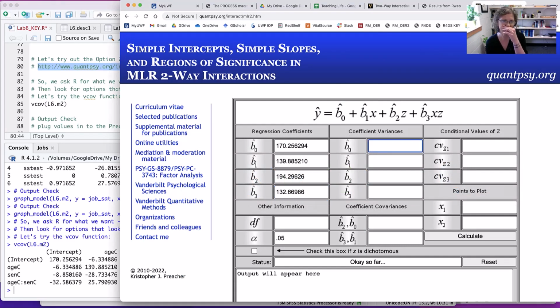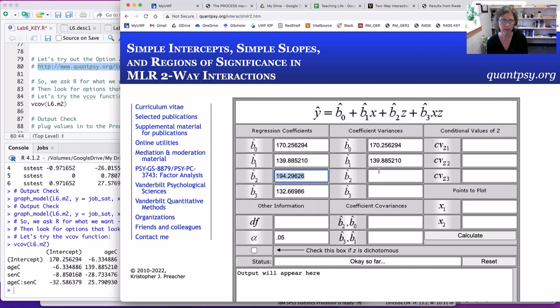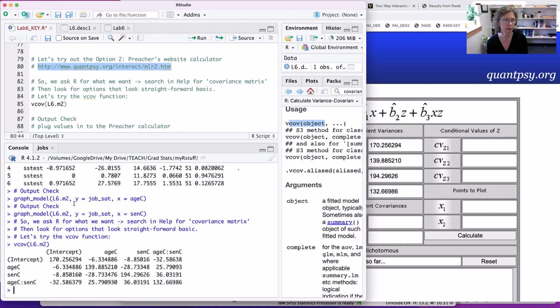Next, they want, oh, those were the coefficients. Put it in the wrong place. All right, let's go back and get the coefficients, which I can get through summary of Lab 6 M2.